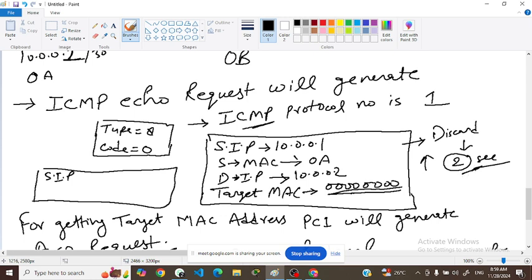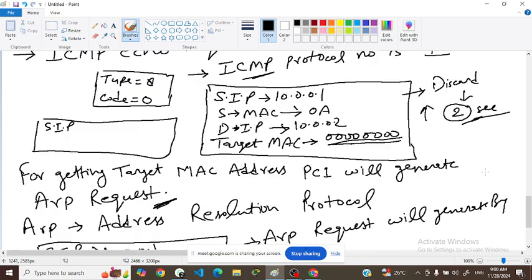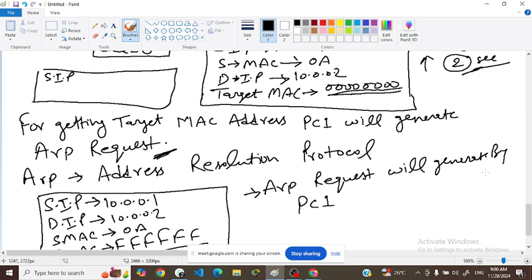It will take time to make a header in which the source IP is 10.0.0.1 and the source MAC address; it's a process of the PC to define all these things. Since ICMP is not able to send the packet without knowing the target MAC, PC1 will generate an ARP request to get the target MAC address.